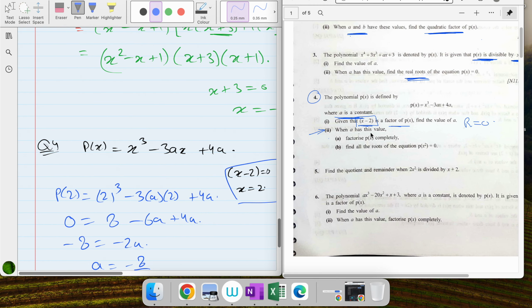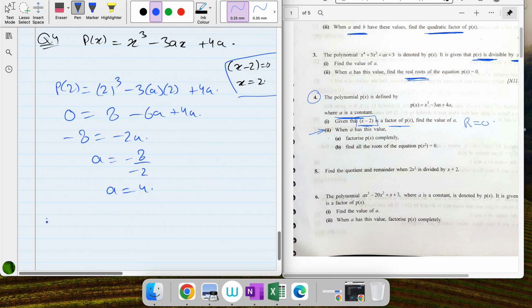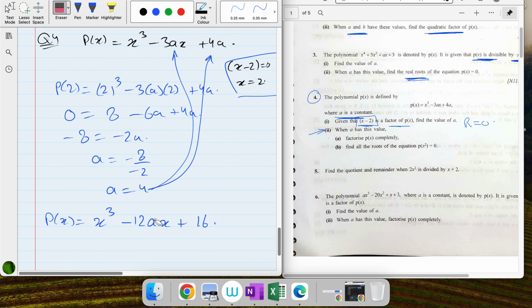Second part says when a has this value, factorize p of x completely. So we rewrite the polynomial, which is x cube, and plug in this value right here. 3 4 times is 12, minus 12x, plus 4 4 times is 16. This is 12x.